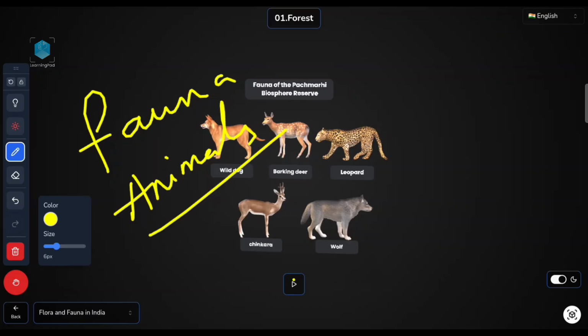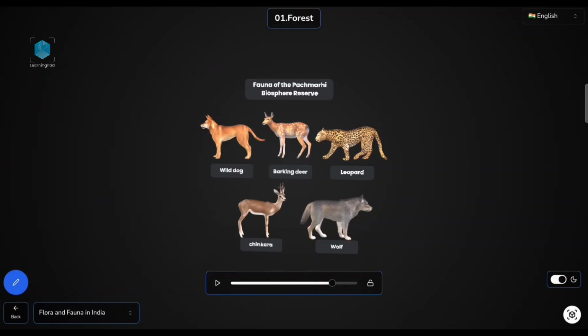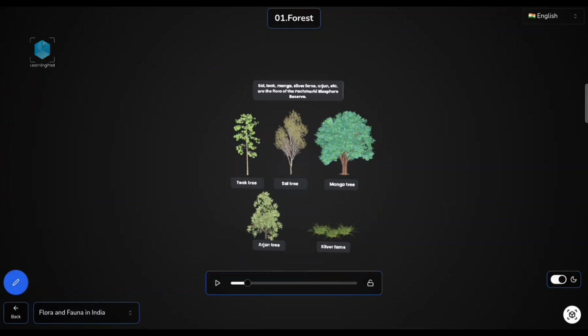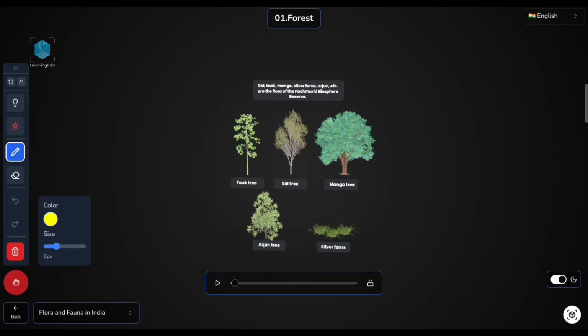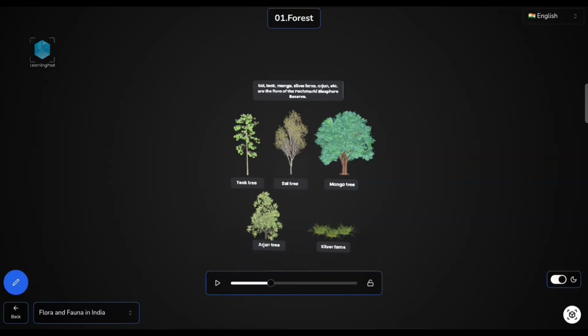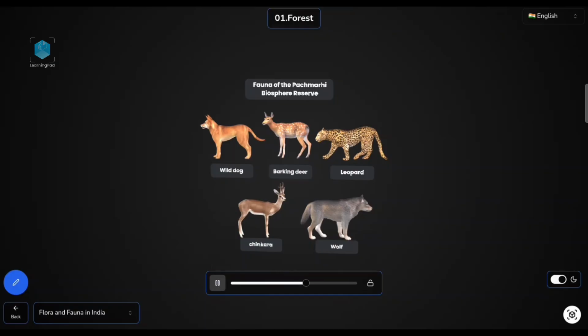As you can see on my screen, please look at the screen. You see different types of flora and fauna. We see different types of trees here. We have teak tree, sal tree, mango tree, arjun tree and silver ferns. Then we have some animals on my screen.